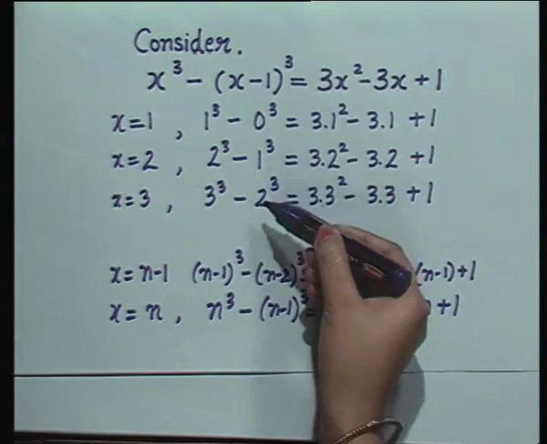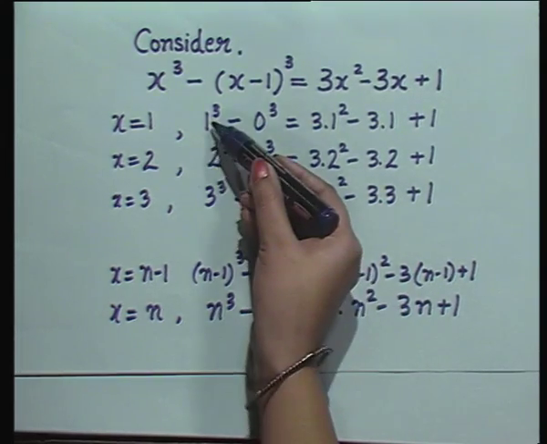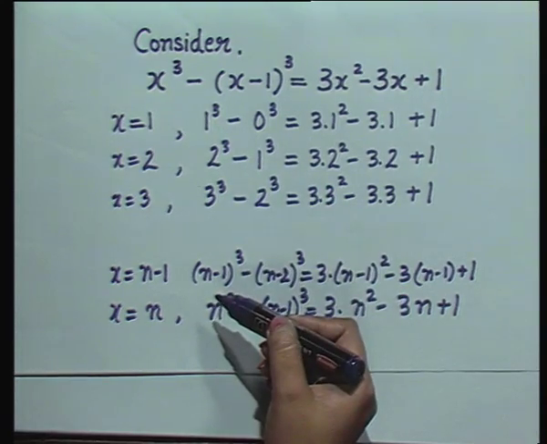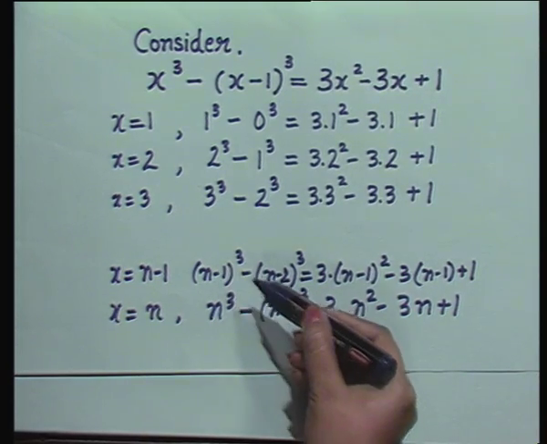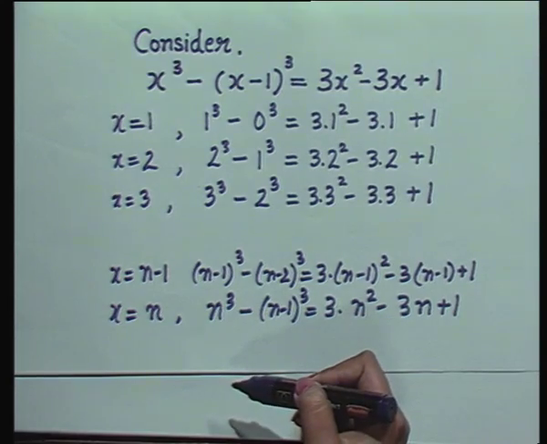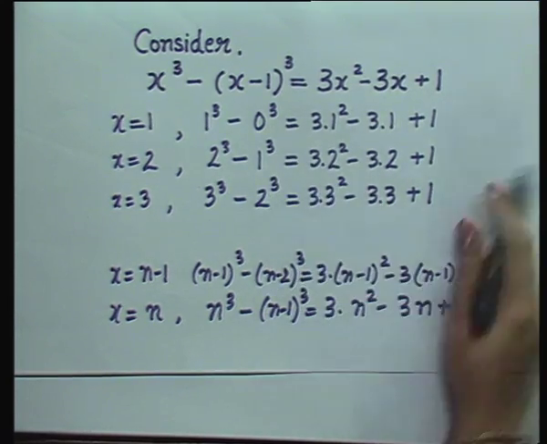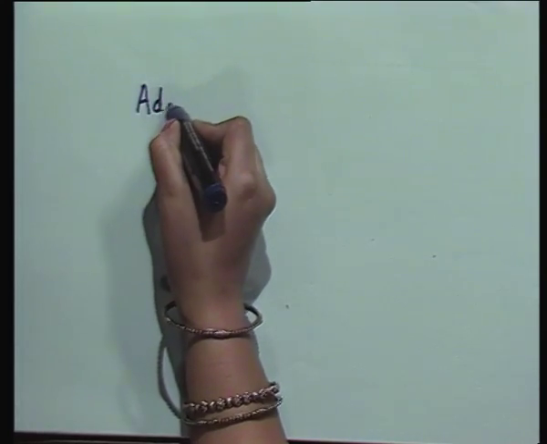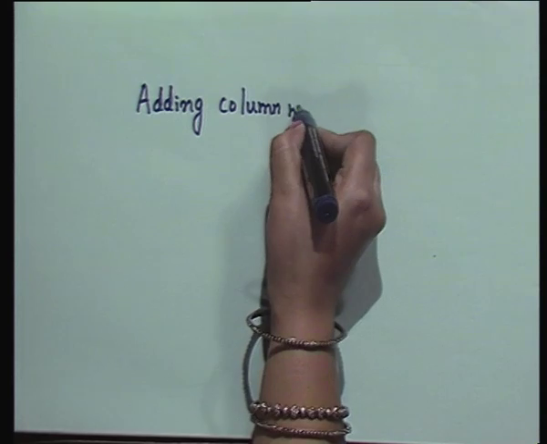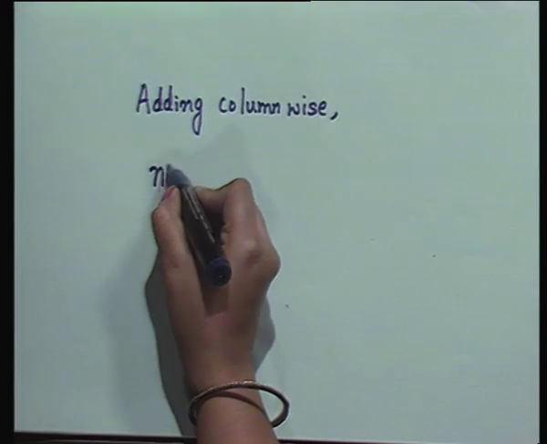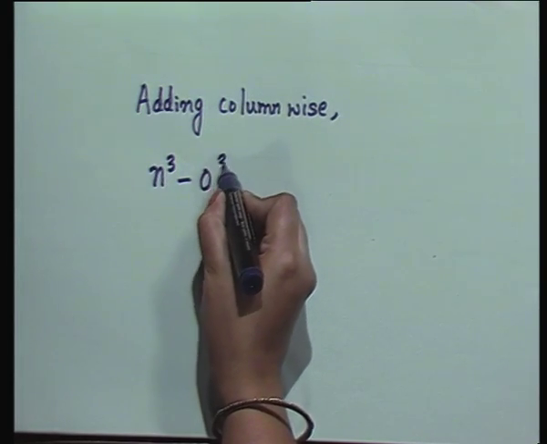Let us observe the left hand side here. When you add all of them, do you see 1 cube and minus 1 cube get cancelled, 2 cube will get cancelled with minus 2 cube, (n minus 1) whole cube will get cancelled with minus (n minus 1) whole cube here, and so if I add all the equations column wise, as I said, on the left hand side we are left with n cube minus 0 cube, which is not actually contributing anything.